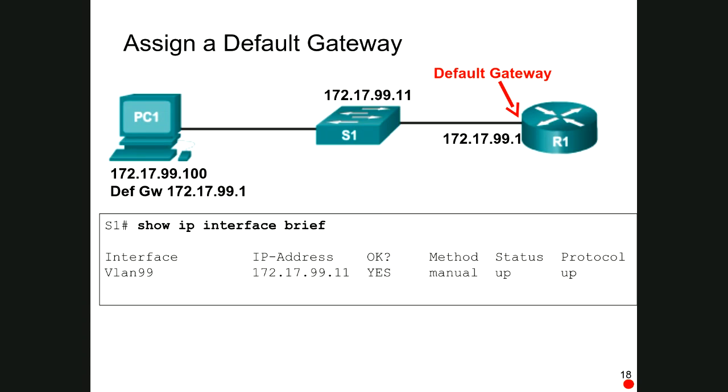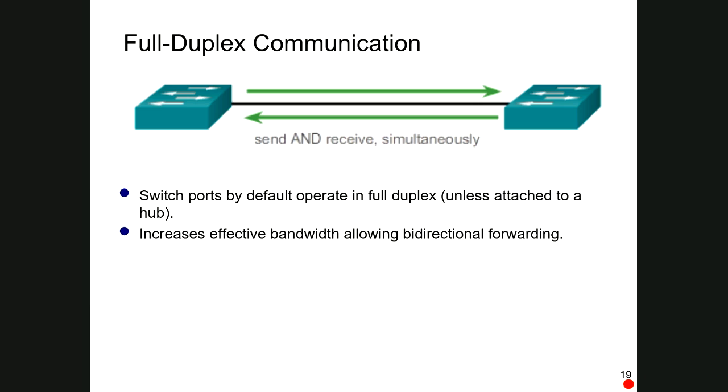On this particular device, he's typed the show IP interface brief command, and we see that the VLAN address that's been configured is up and up, and you should be able to ping it and address it from some other location.